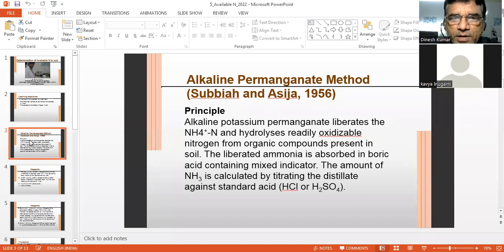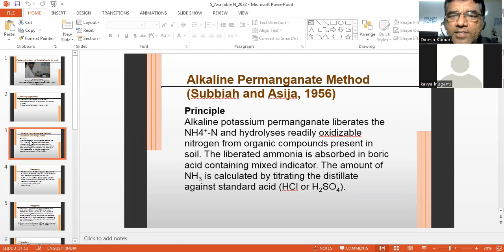And the principle of the alkaline permanganate method is that alkaline potassium permanganate liberates the ammoniacal nitrogen and hydrolyzes readily oxidizable nitrogen from organic compounds present in soil. The liberated ammonia is absorbed in boric acid containing mixed indicator.